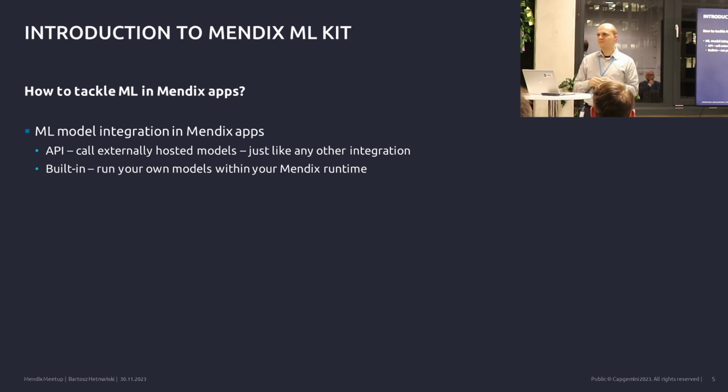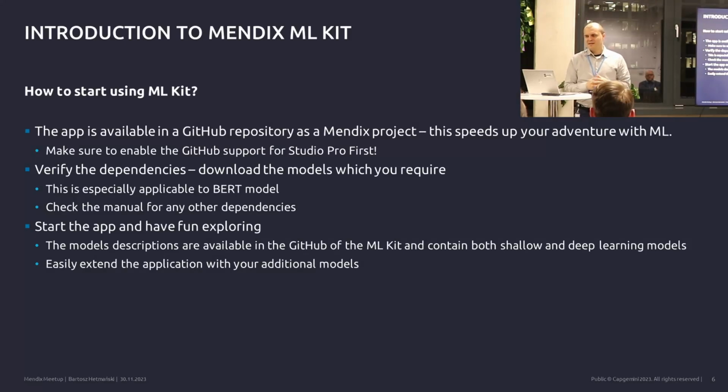The built-in is that you can run your models within the Mendix runtime, which was quite a revelation for me when it was introduced. So I immediately started looking into that, and I signed up for the POC, and I did what I did, and I'll show you what I did.